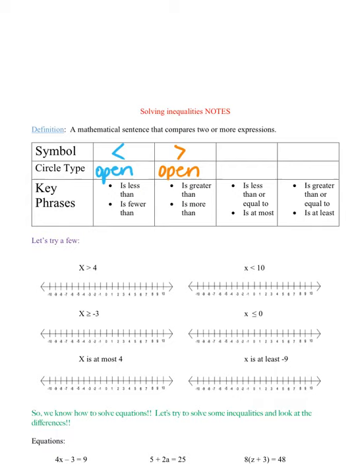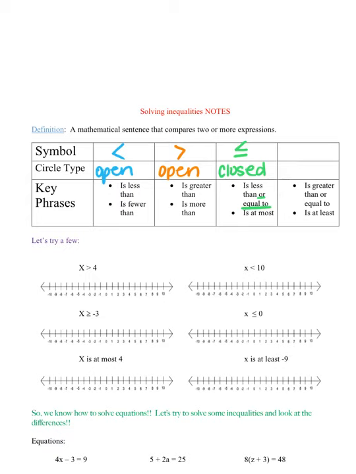"Is less than or equal to" is a big keyword there, equal to. And that means, or we could say, "is at most." That means our symbol is going to be less than or equal to. So there's two pieces there. And our circle type is going to be closed.